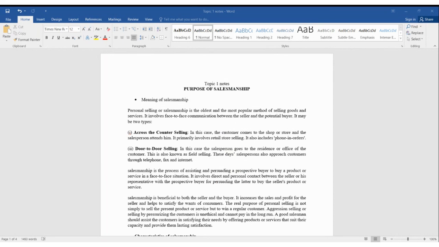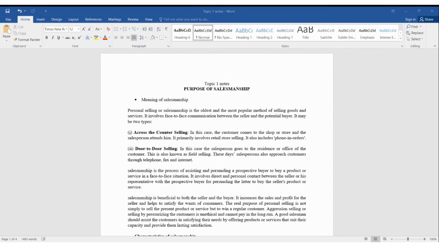Salesmanship is quite beneficial to both the seller and the buyer, in that it increases the salesman's profit. At the same time, the sales value can actually skyrocket because of that effort. The purpose of salesmanship is simply to sell the present product or service, and also to win regular customers.